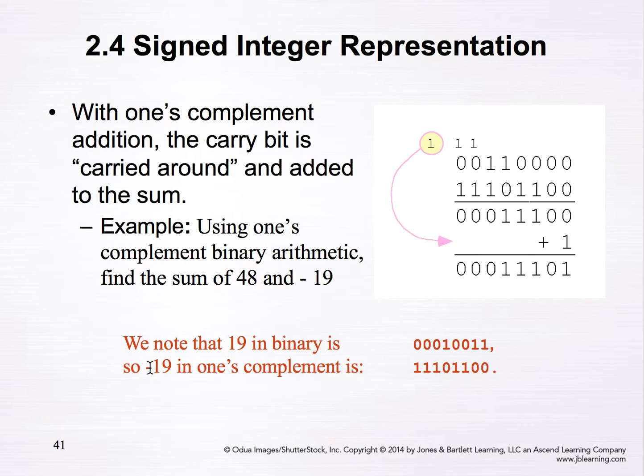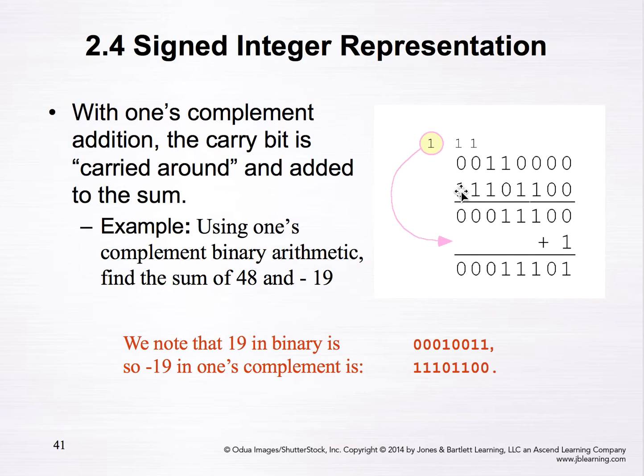To get the one's complement representation of negative 19, we just flip the bits of the bit string representing positive 19. 1 becomes 0, 0 becomes 1, and so on for each bit. So this is the bit string representing negative 19 in one's complement representation.